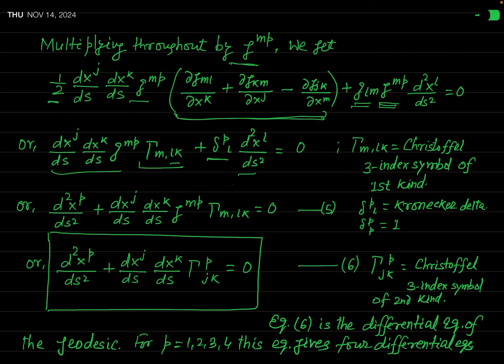But you know that when p is not equal to l, this Kronecker delta is 0 and this second term will vanish. But if p is equal to l, then this Kronecker delta is equal to 1, and this second term will become d²x^p/ds². Instead of l, we write p, because when l and p are equal, this Kronecker delta is 1.